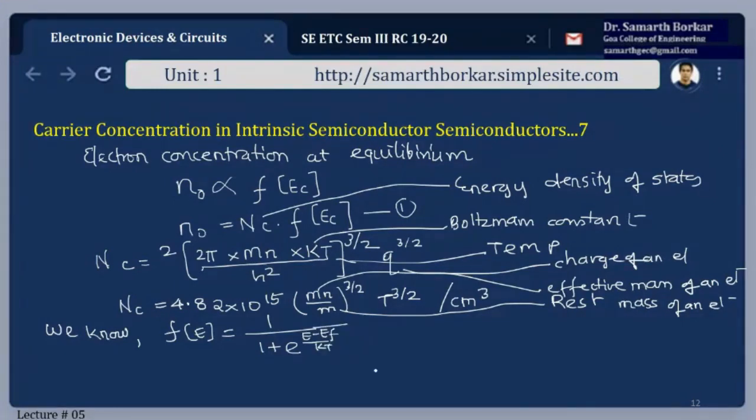This tells about the probability of E. Here what we're trying to find out, equation number 1, is the carrier concentration. Carrier concentration is electrons in intrinsic semiconductors. It is a product of NC into f of EC. There are two ways to solve this derivation. This is the one approach I'm showing. The second approach, I will be uploading as a video directly. That's a totally different approach.